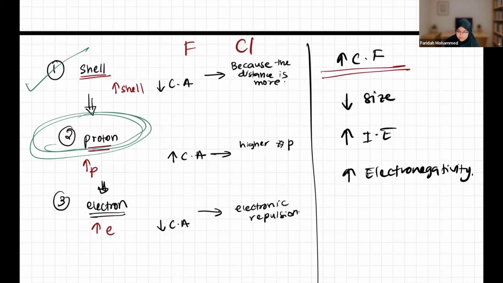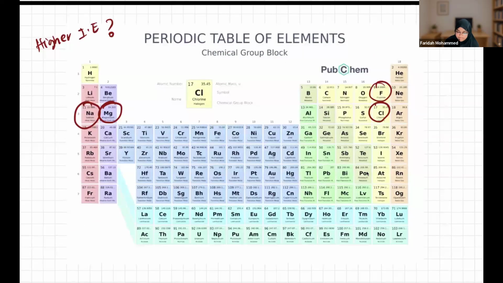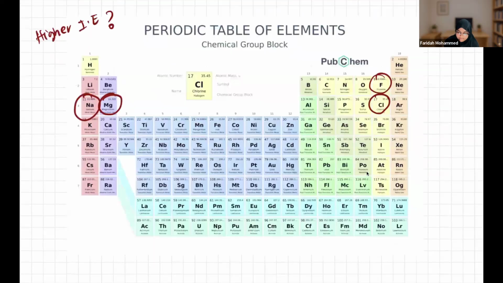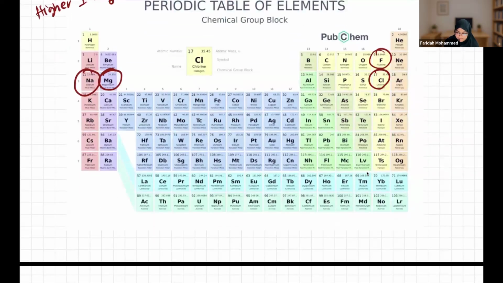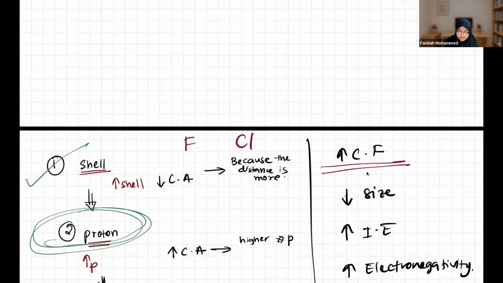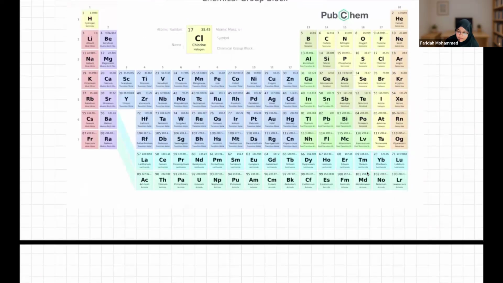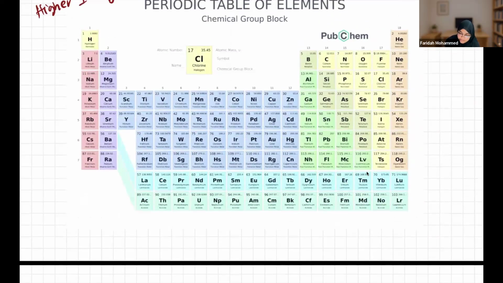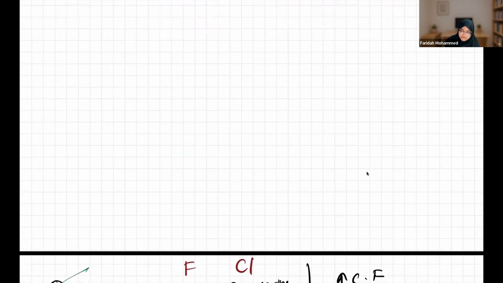Okay, so let's try. Oh, we were talking about ionization energy. Okay. Nitrogen versus sulfur.